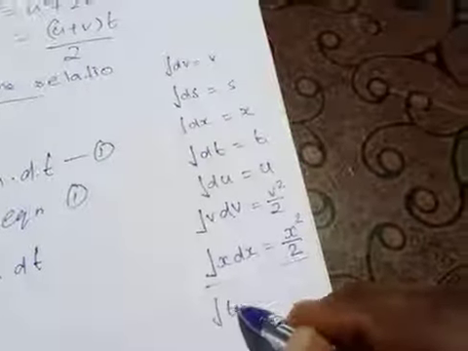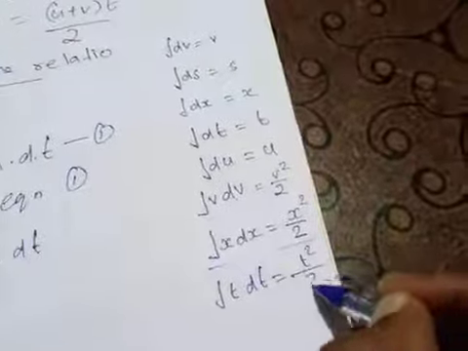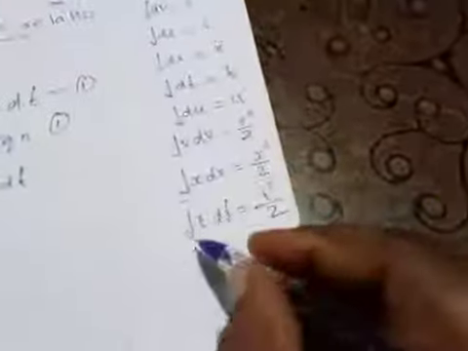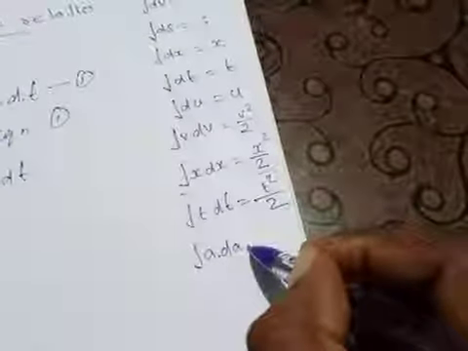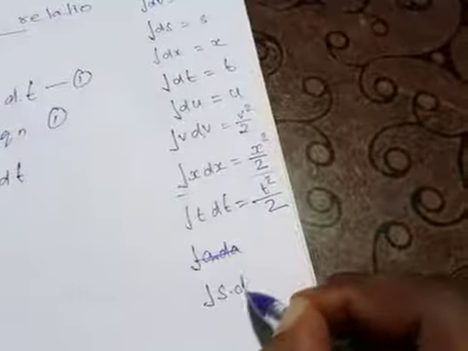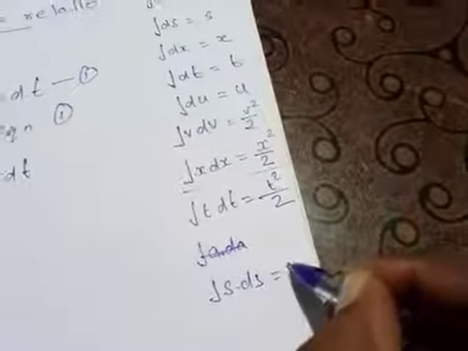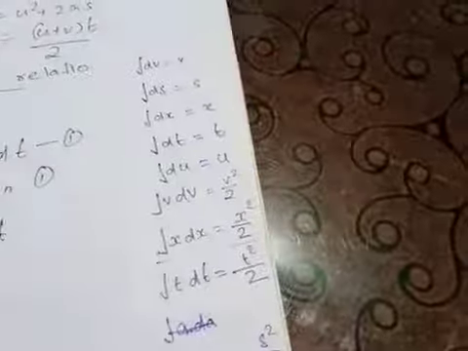Integration of t dt is t square by 2. Integration of s ds is s square by 2. So here you can see two types of integration I have shown you.